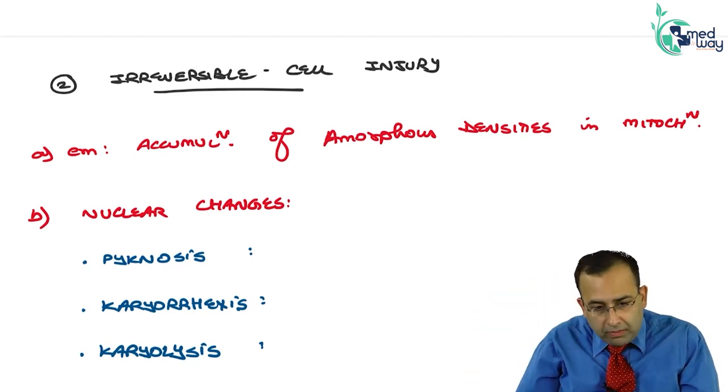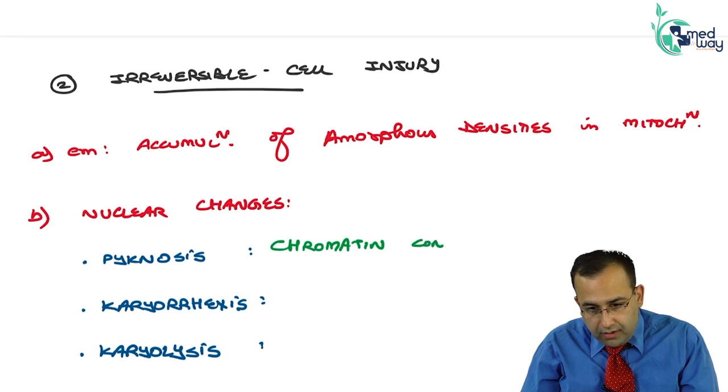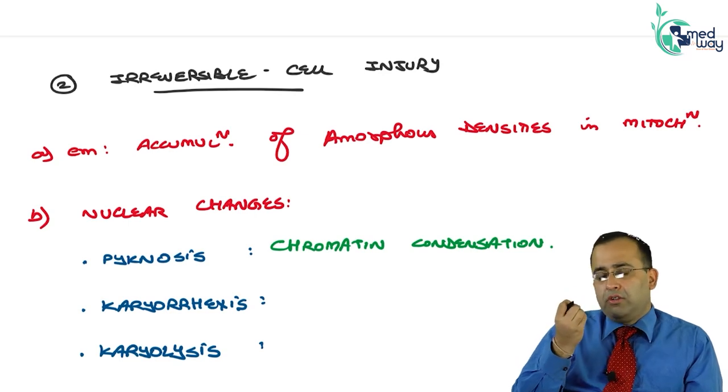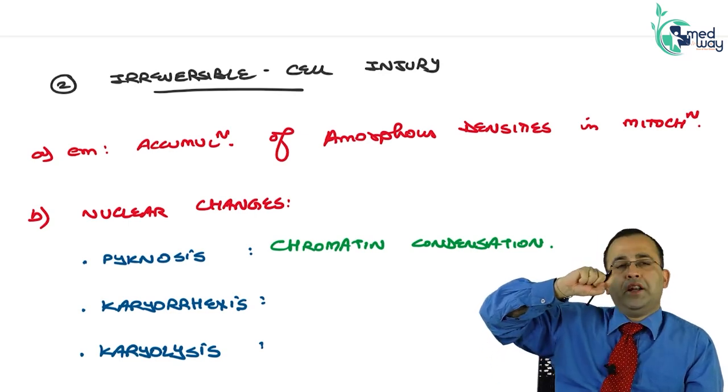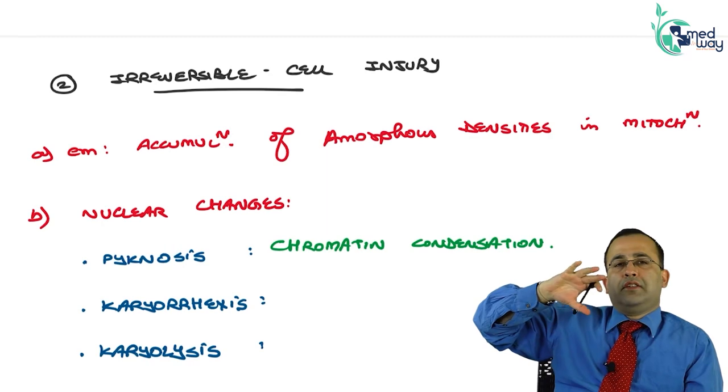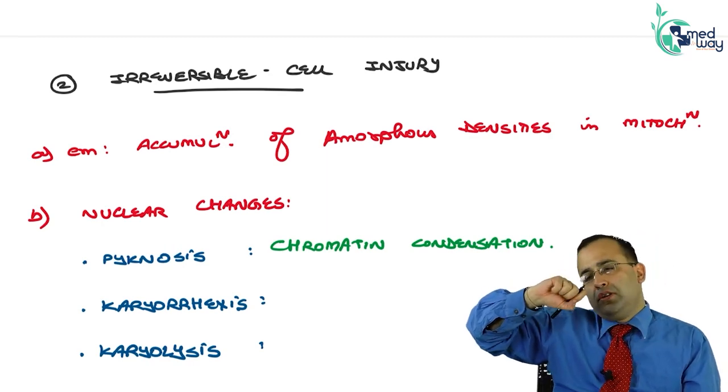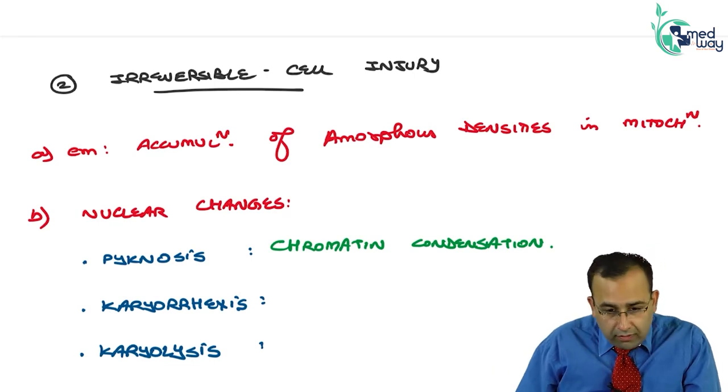Pycnosis, that is chromatin condensation. Next is karyorrhexis. पहले तो chromatin condense हुआ. Karyorrhexis मतलब fragmentation. Nucleus टूटकर बिखर गया.